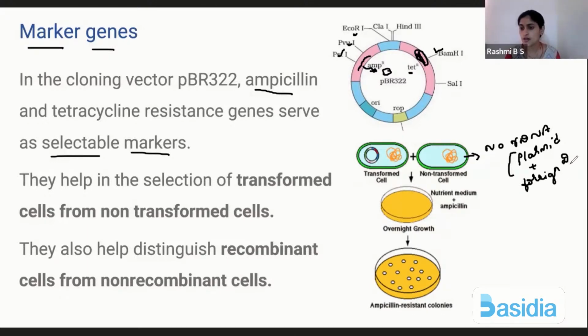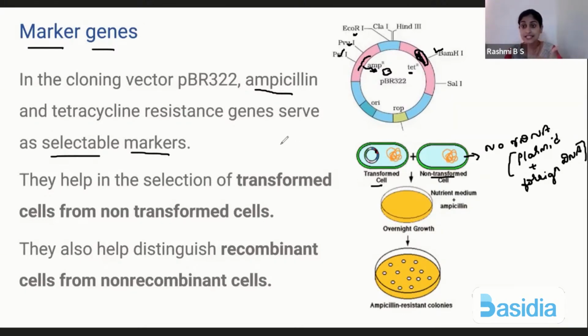There is no plasmid carrying foreign DNA here. Hence, the cell is non-transformed. Here, the cell has taken up the plasmid along with the foreign DNA. So now this is a transformed cell.